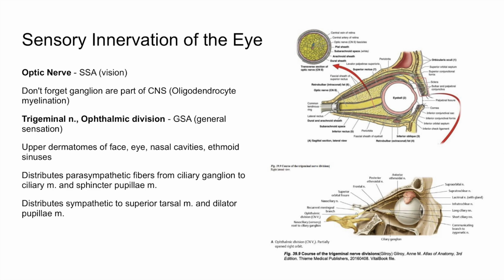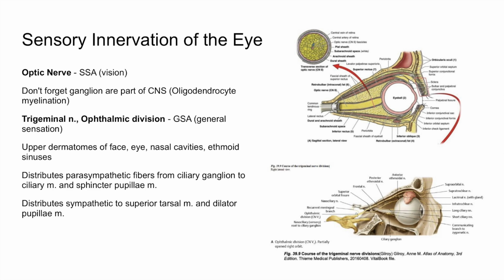The part that tends to trip some people up is that V1 is not generating autonomics, but it's carrying them. Parasympathetic fibers that originate from cranial nerve 3 synapse in the ciliary ganglion and hitchhike along branches of V1, specifically the short ciliary nerves, to reach the sphincter pupillae and ciliary muscles.